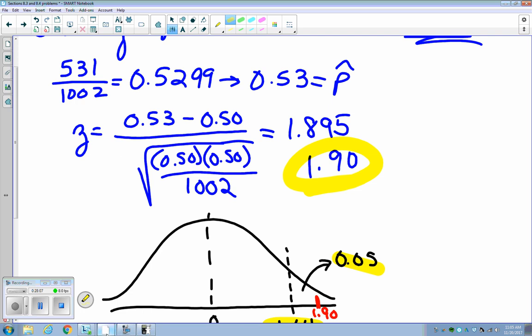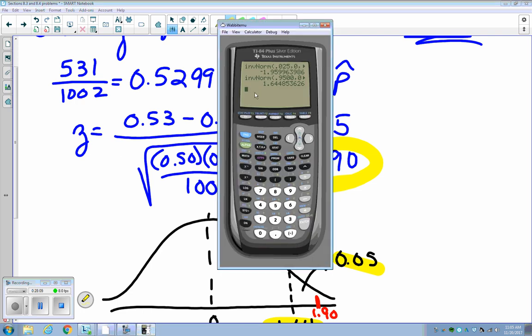So by going to your z, you're going to go to second distribution, just like we've done before, normal curve distribution. My lower level is going to be negative 99999. And I'm going to go up to the z that we found of 1.9.